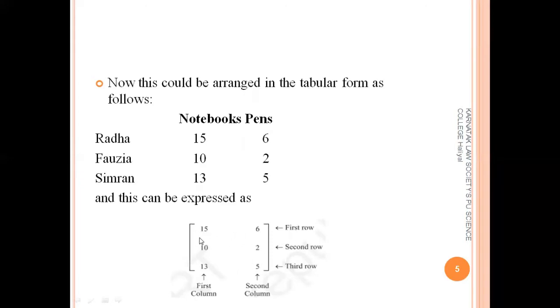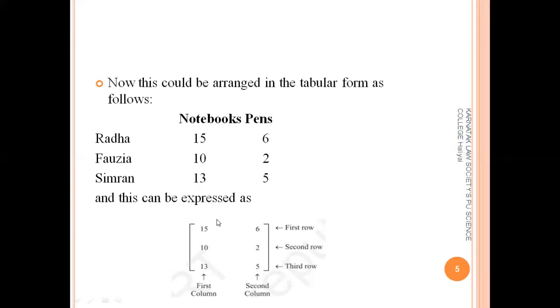And we have written 15, 6 on the first row. Row means the horizontal lines of elements are said to constitute the rows of the matrix. Here, in this example, there are 3 rows. That is, 15, 6 constitute the first row, 10 and 2 constitute the second row, 13, 5 constitute the third row.